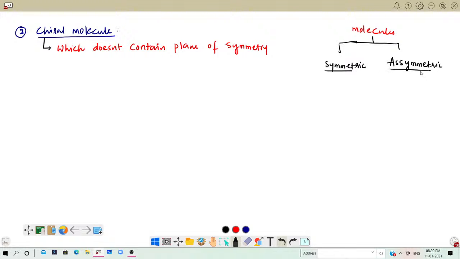Symmetric molecules contain a plane of symmetry. Asymmetric molecules do not have a plane of symmetry.